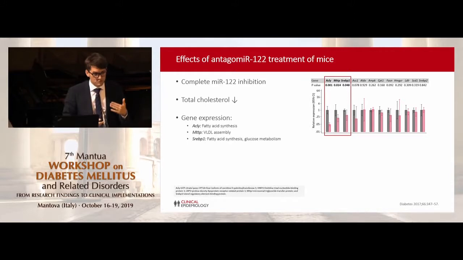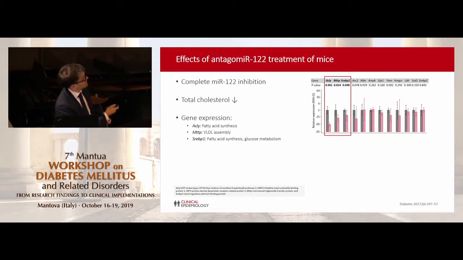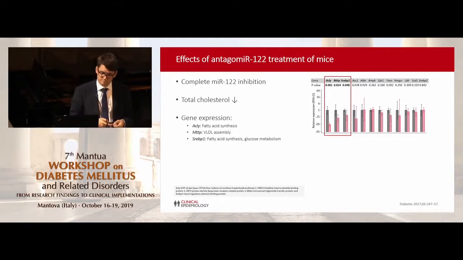When we then looked at the effects on gene expression, we saw a downregulation of 3 different genes, associated with fatty acid synthesis, VLDL assembly, as well as glucose metabolism.